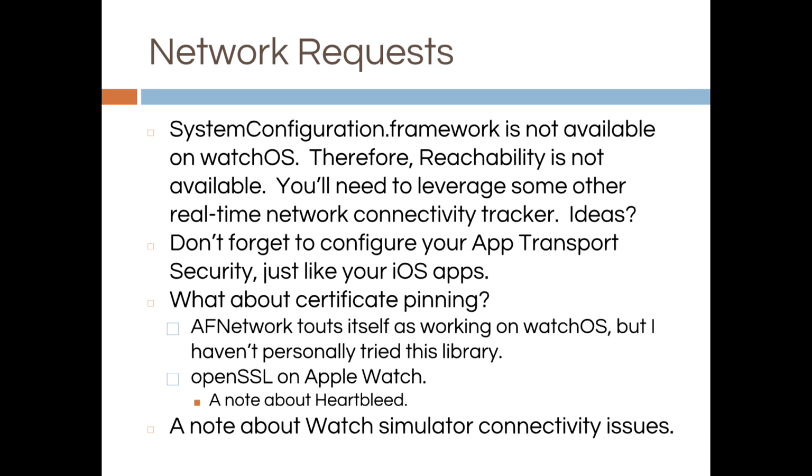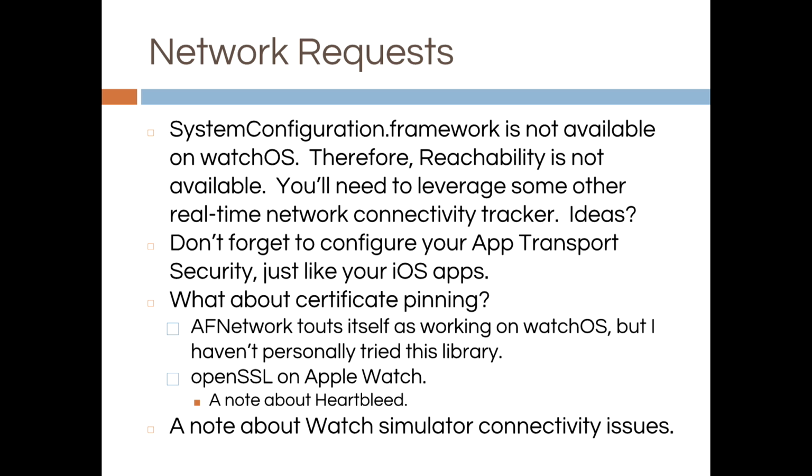Okay. Network requests. So now we're to the point in watchOS 4 where we're really confident we're going to start making all our network requests directly from the watch to our server. How do we know if we're online or not? Well, there is an API to know if you are still connected from the watch to the iOS device, but I haven't found a good way to know in real time whether or not I'm connected to the internet.